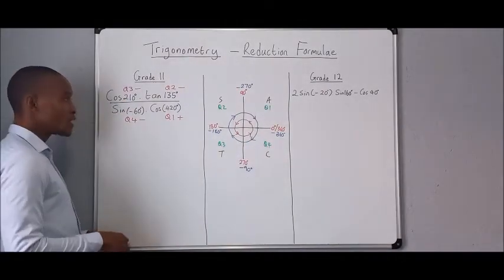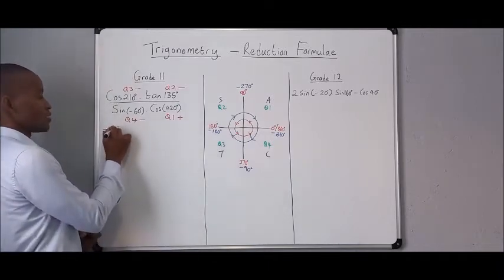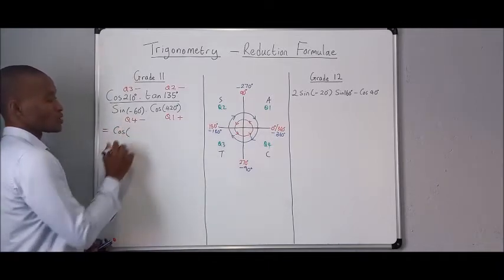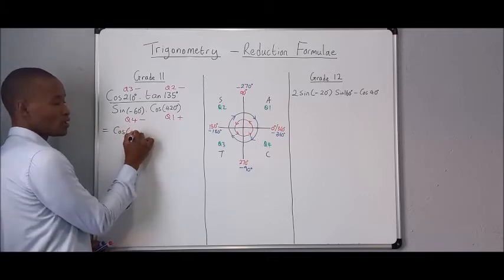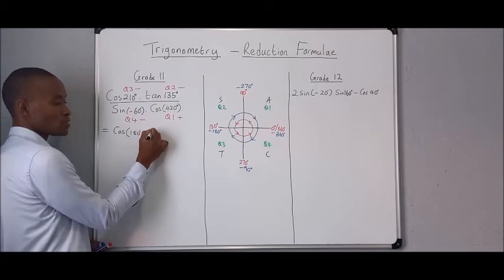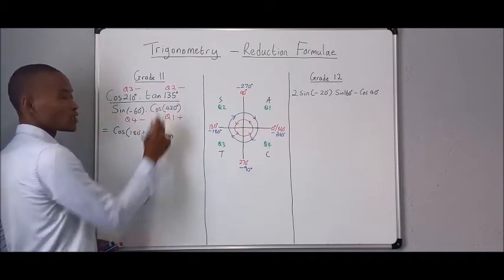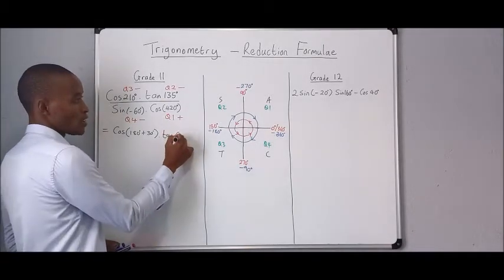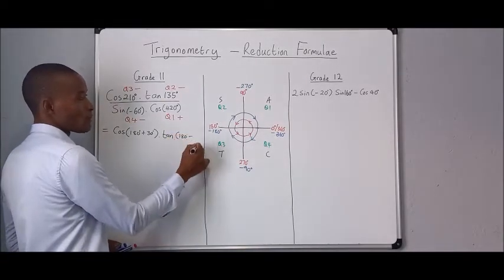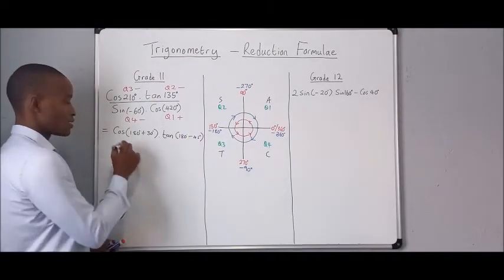So we then apply our reduction formulas like this. We have cos of what? Quadrant 3 reduction formula, 180 degrees plus what will give you 210? Plus 30 degrees. Okay, times tan. Quadrant 2 reduction formula, you have 180 degrees minus 45 degrees will give you 135 degrees.